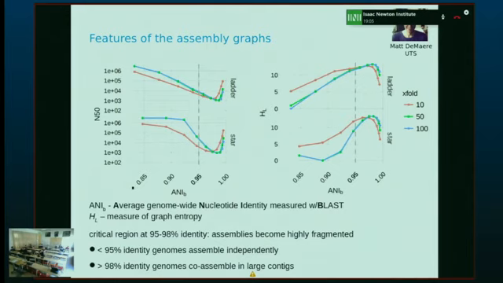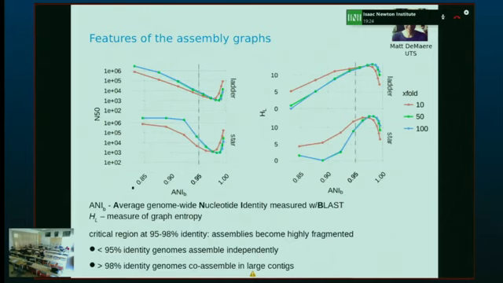But basically, at the one end, when all of the strains have relatively low sequence identity, 85% average nucleotide identity, we found that they basically assemble entirely separately into high contiguity genomes. So you get each of the strain genomes in separate contigs.